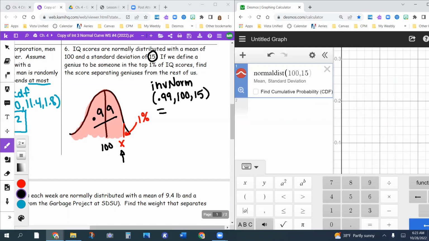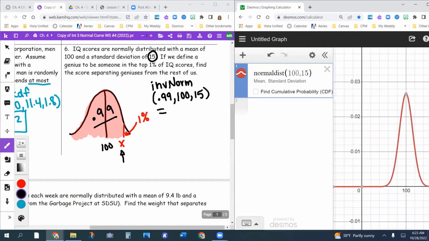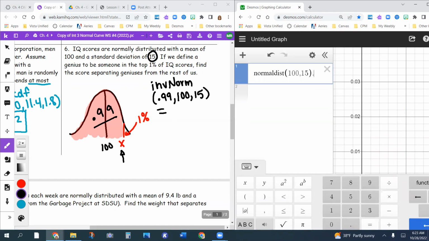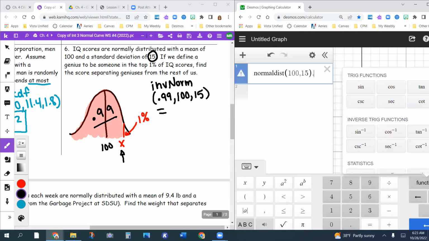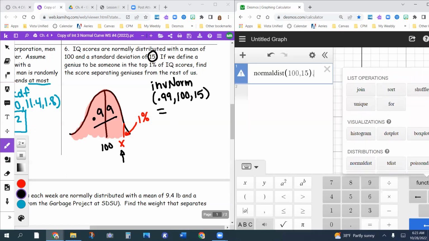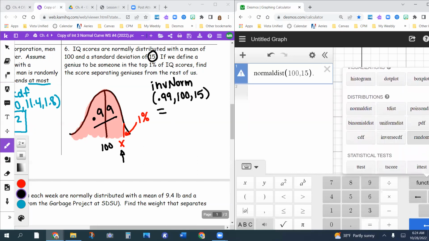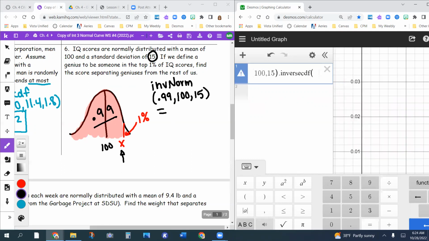Then I'm going to come here to get the inverse CDF, and I want it to be 0.99.